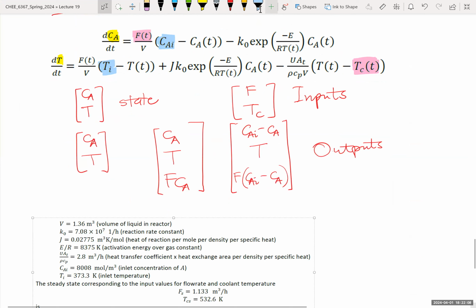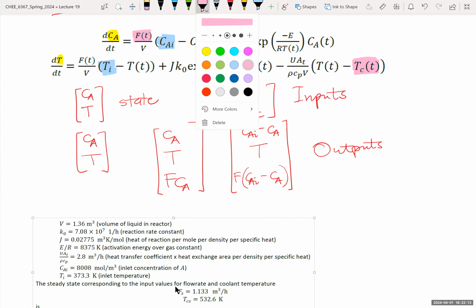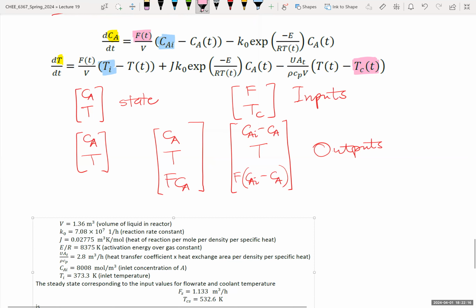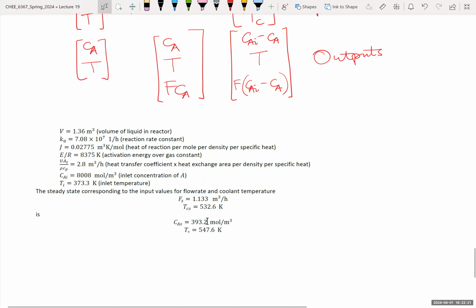So if these inputs are at these values, it doesn't let me highlight it, that's fine. So let's just do that. So if you have these values, then you get these two values for the state, which are values for the output, and this is your steady state.